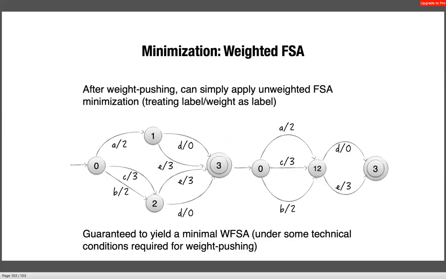You first do a weight pushing step such that you can identify equivalent states and merge them. Here, once you have done the weight pushing, these now emerge as equivalent states because you have exactly the same transition weight combinations out of 1 and 2, resulting in 3.